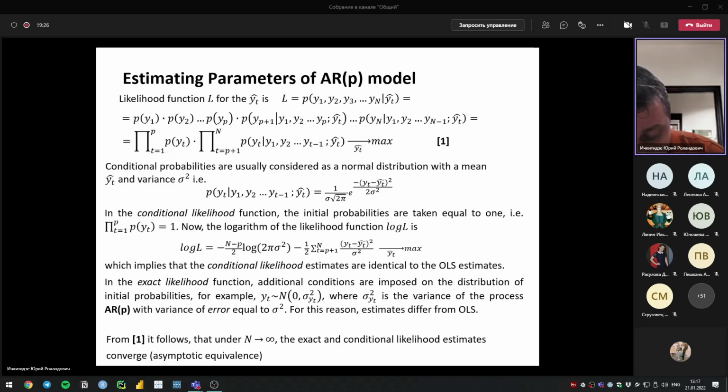Therefore, this terminology must be understood: how the likelihood function is constructed, how the conditional likelihood is estimated, how the exact likelihood is estimated. For the autoregression model, we don't really need these functions because they give us the same result as the least square method. But in the future, they will be very useful to us.